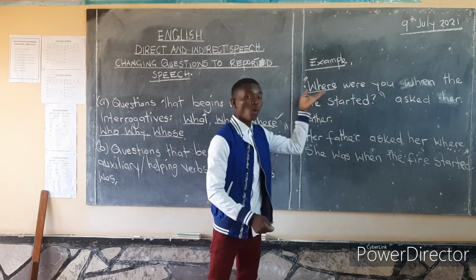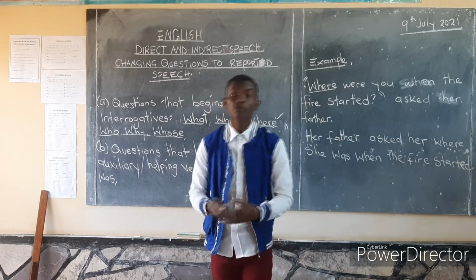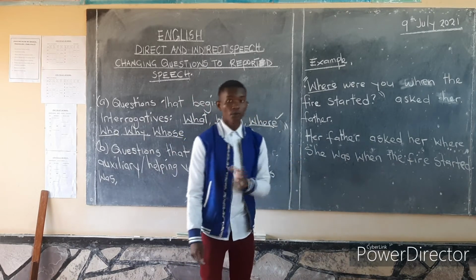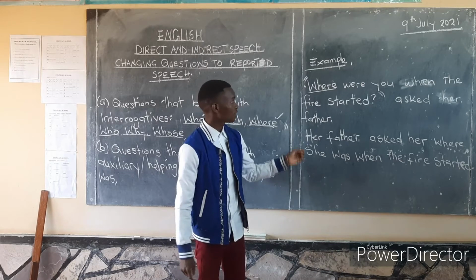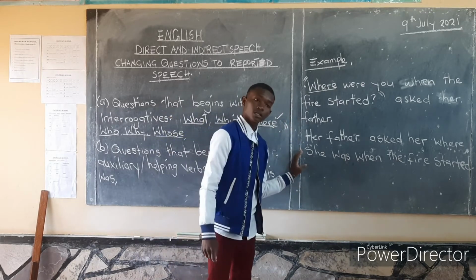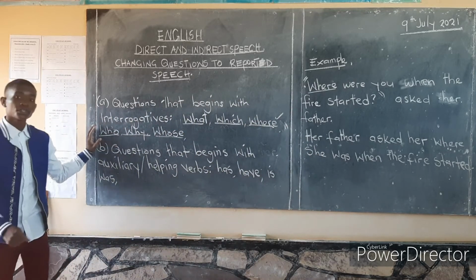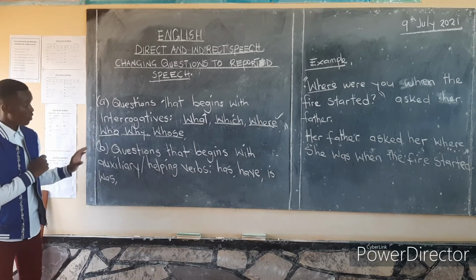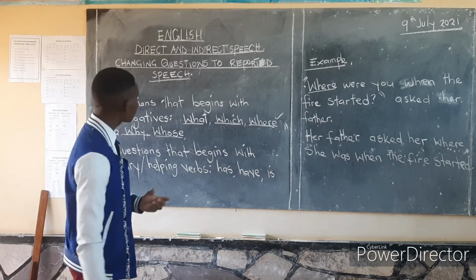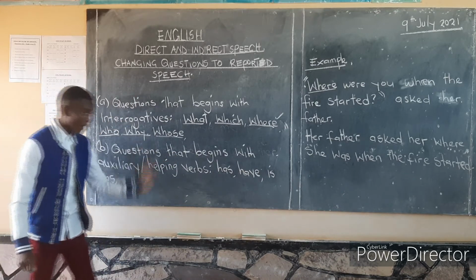If we had what, I could have used what. If we had who, I could have used who. This is how we change questions that begin with interrogatives from direct to indirect speech. Now we are going to look at how we can change questions that begin with auxiliary or helping verbs.